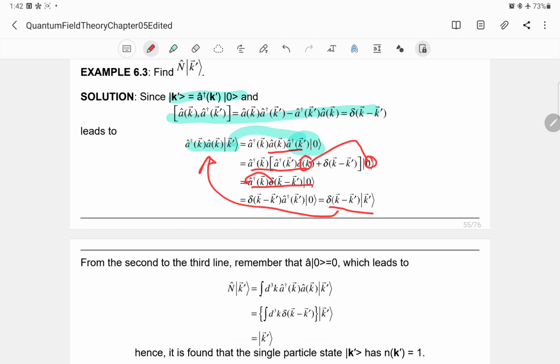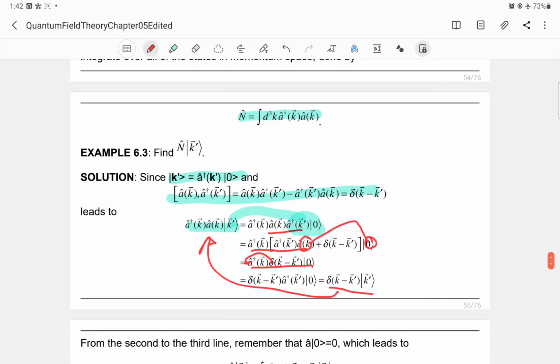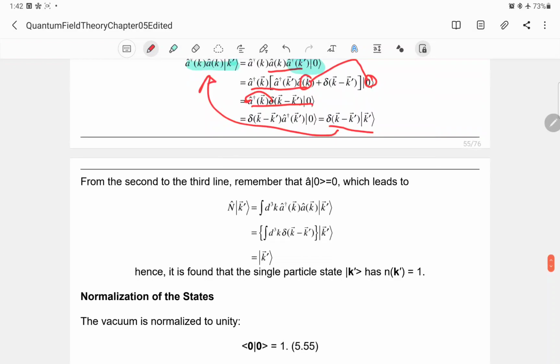Now to find n is just given by this one, so that your n operating on k prime, we'll just have this one.